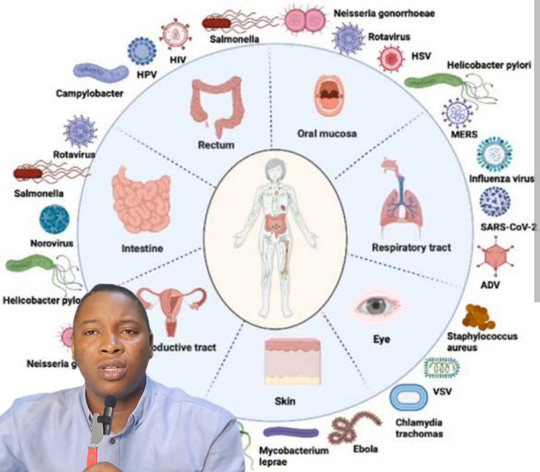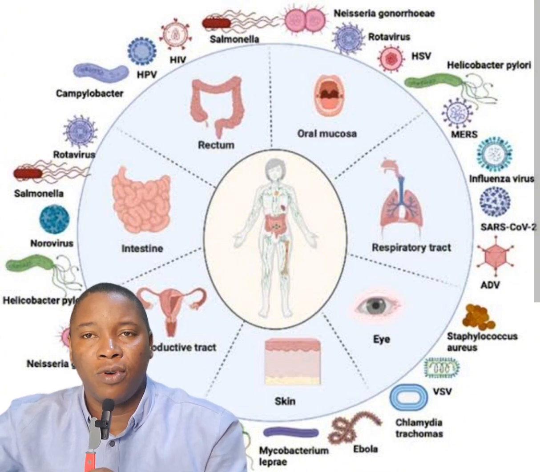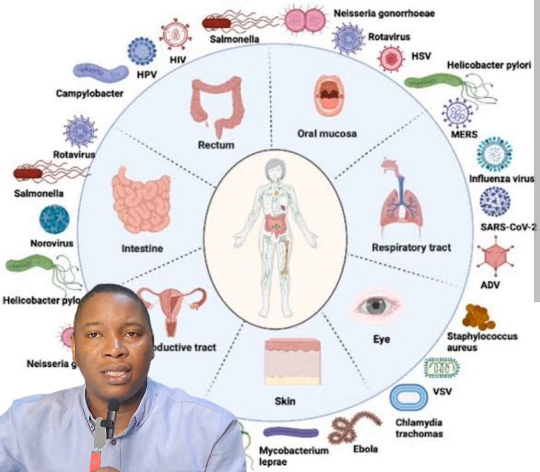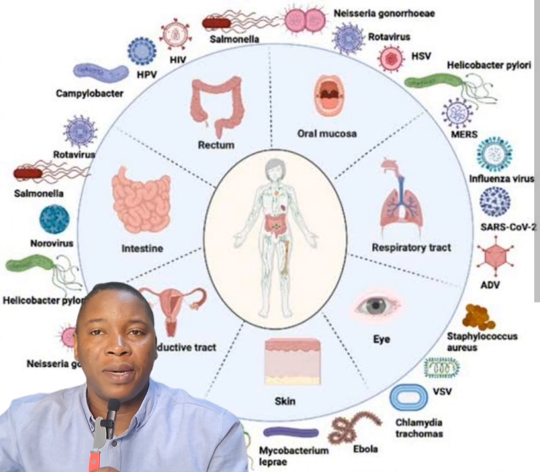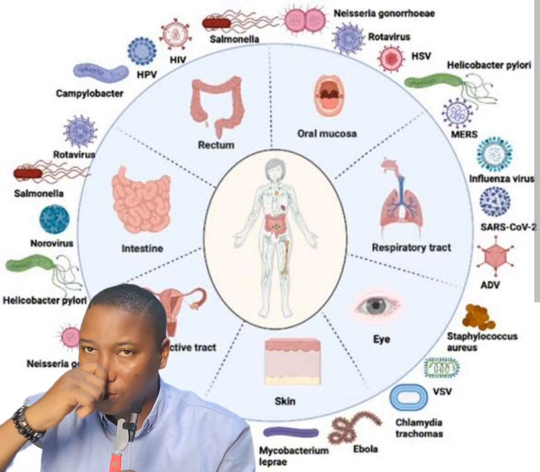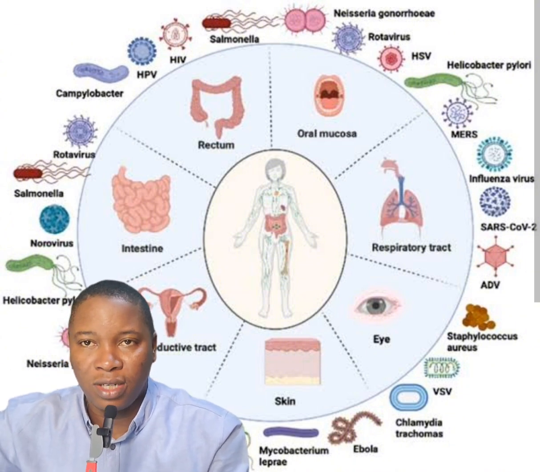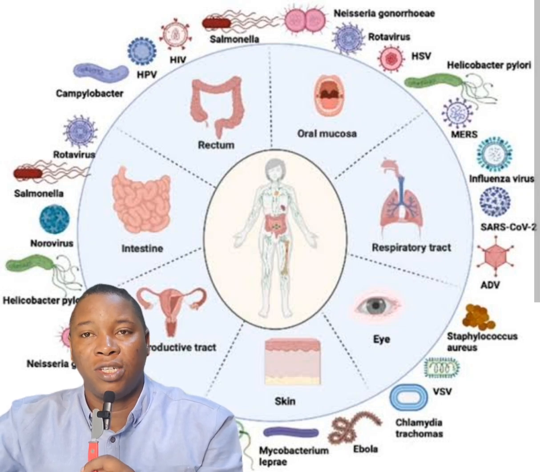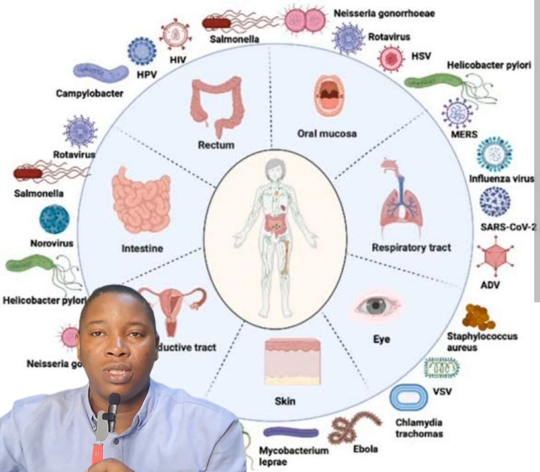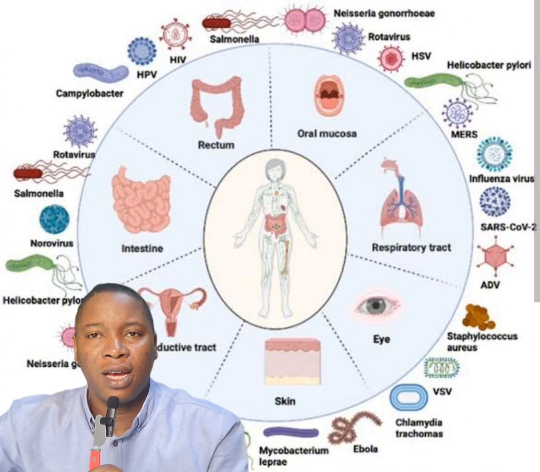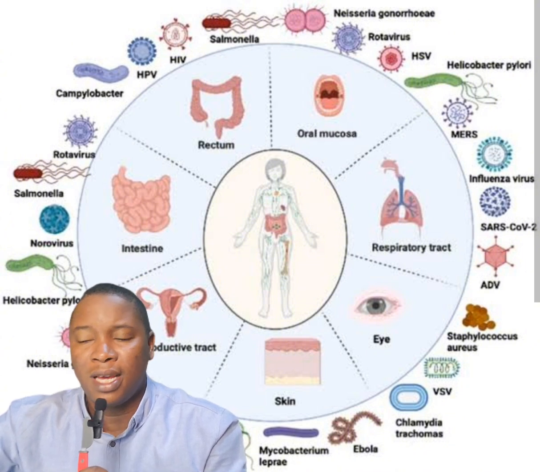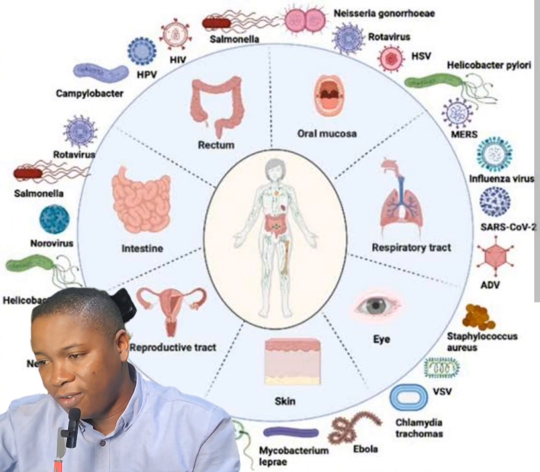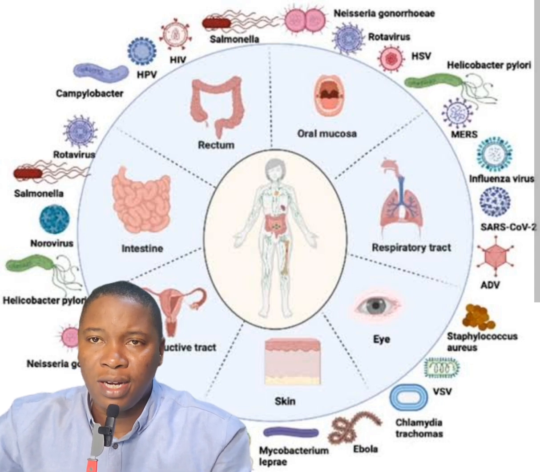Because of the closeness of these two areas of the body, when hygiene is poor, a woman can make the mistake of introducing fecal materials from the anus into the vulva, the vagina, and the urethra. So these can be a source or a site for this kind of infection. This is important to note and to understand. So all these different kinds of bacteria have been implicated, and they cause different types of urinary tract infection.